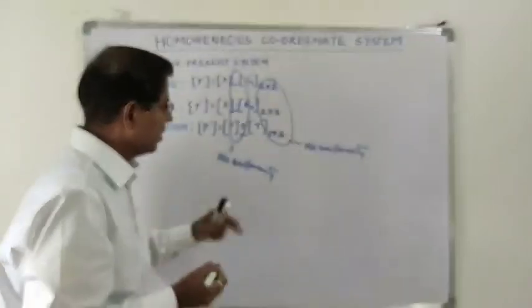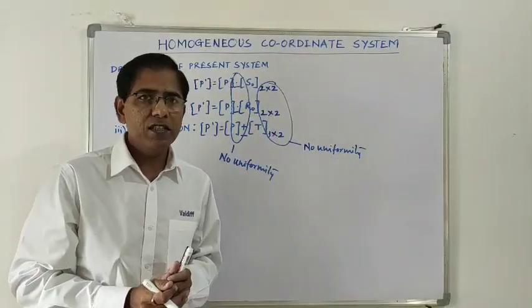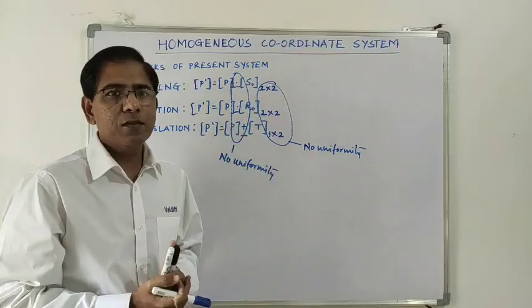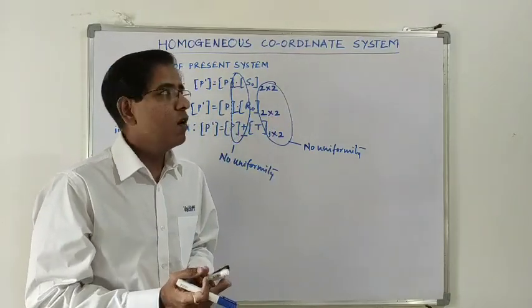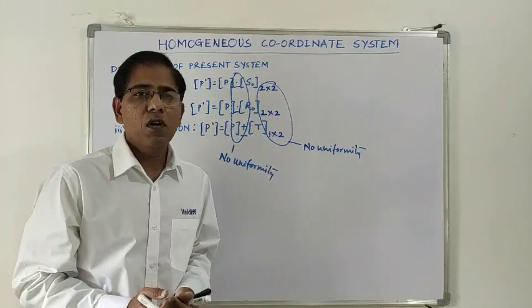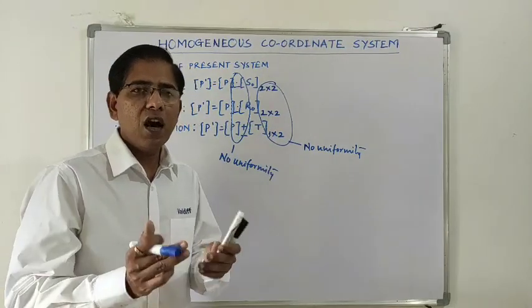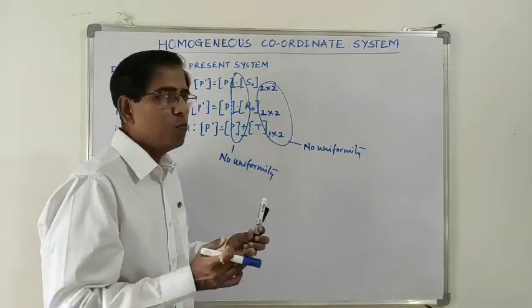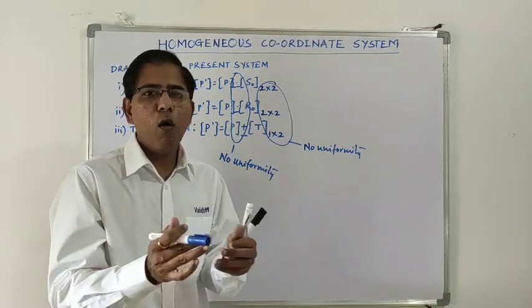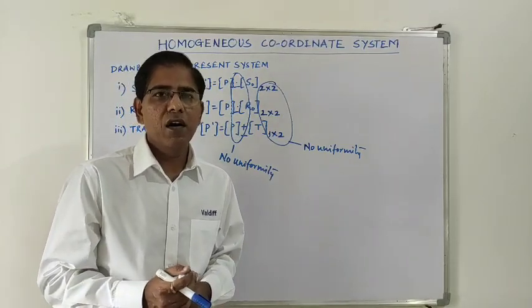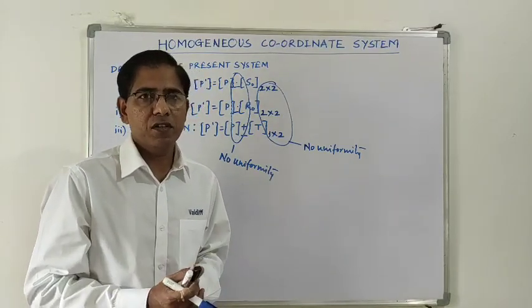And because of these two non-uniformities in the present system, there is a need of a new system which will allow us to multiply all the transformations together to find out the total transformation.